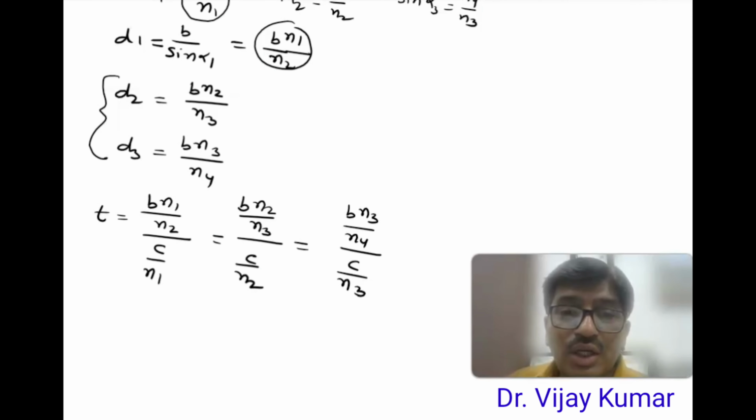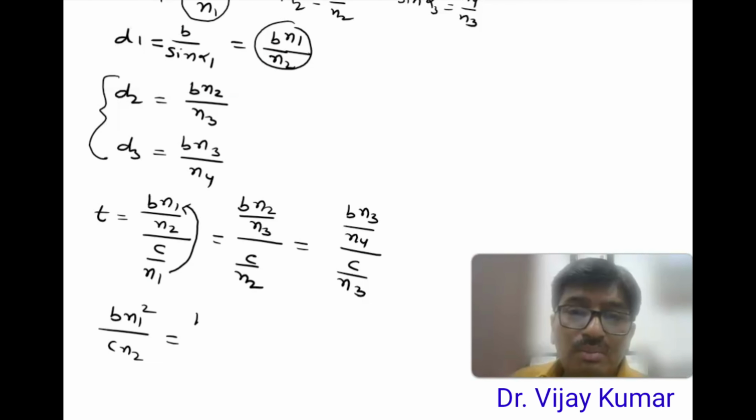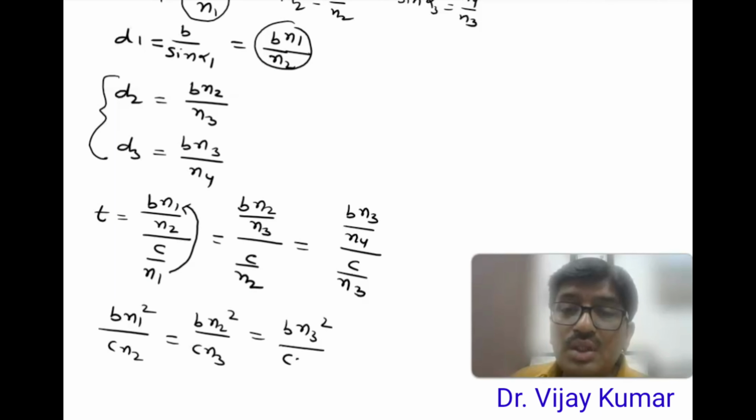After solving, it becomes B N1 square upon C N2 equals B N2 square upon C N3 equals B N3 square upon C N4.